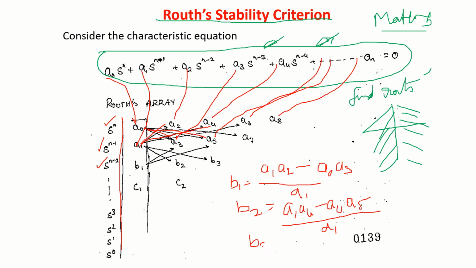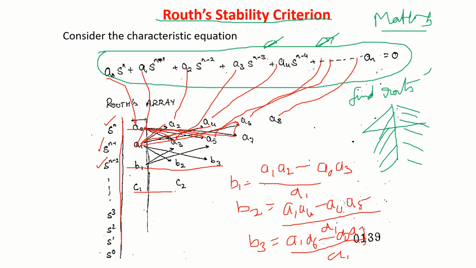B3, you want to find, A1, A6 divided by A0, A7 minus A0, A7 divided by A1. Like that, you complete this row elements.